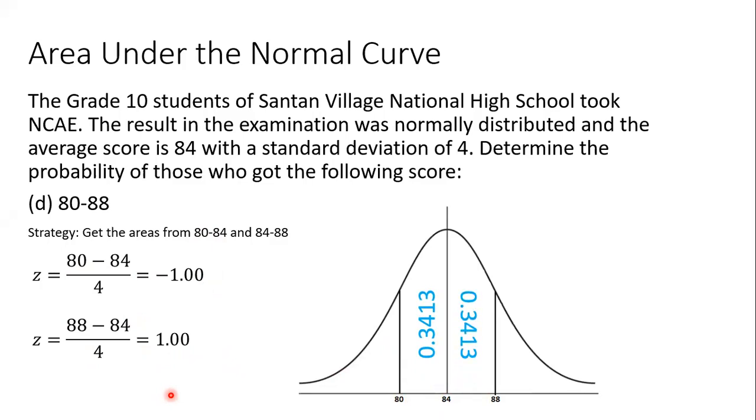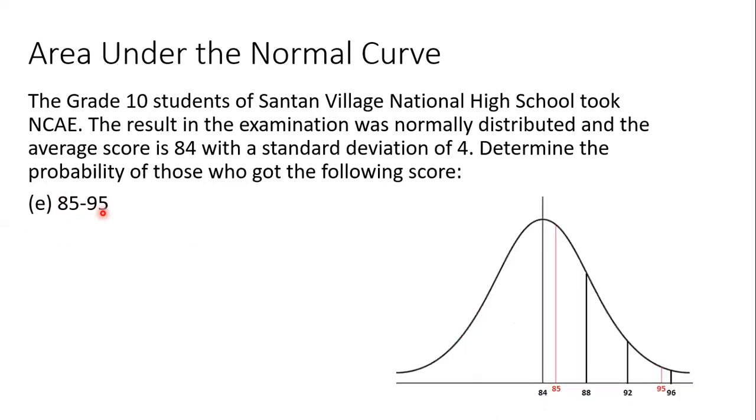So para po makuha natin yung area from 80 to 88, we simply add the two areas. So the sum is 0.6826, or that is equal to 68.26%. So 68.26% scored 80 to 88.